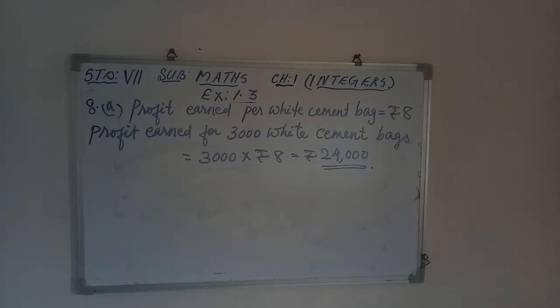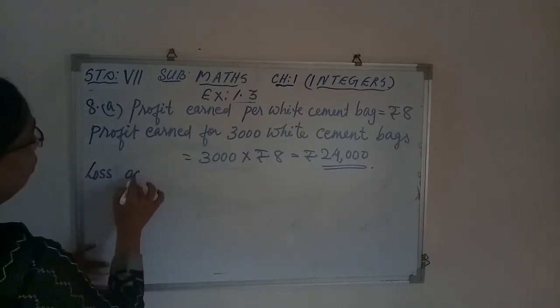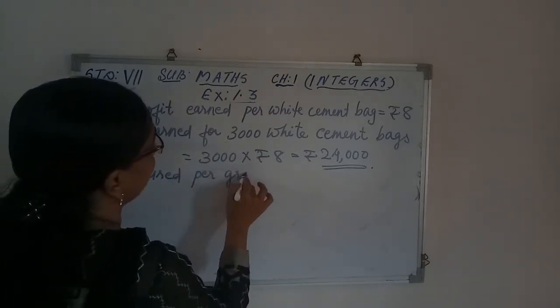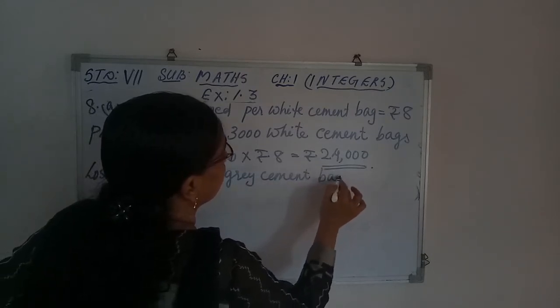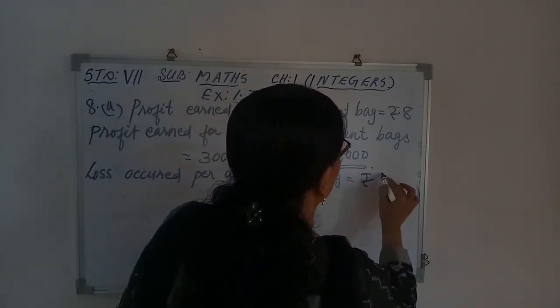Now next step. What is the loss? For grey cement bag, there is a loss. So we can write loss occurred per grey cement bag. For one grey cement bag, how much loss is there? It is rupees 5.